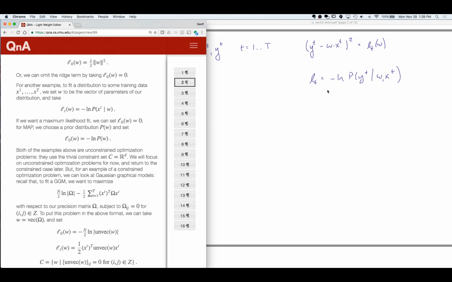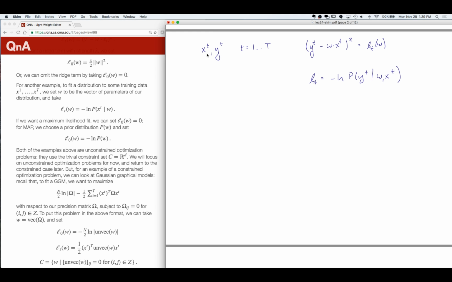So the difference is whether your training data is x1 through xT, meaning that you're just trying to fit a distribution to x1 to xT, or whether it's something like xt comma yt, where you're trying to fit a distribution to yt conditioned on xt. So it's a good question. These are two different problems where we set lt to be that versus that.